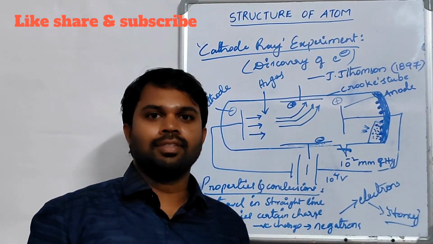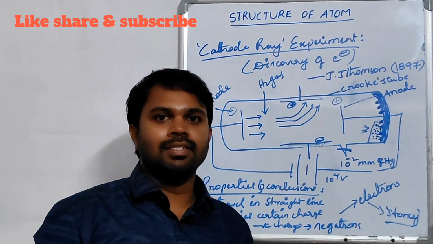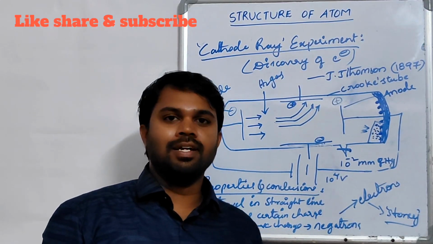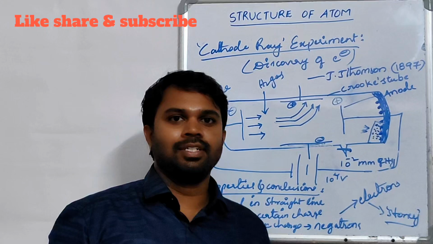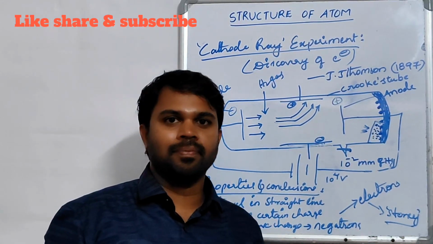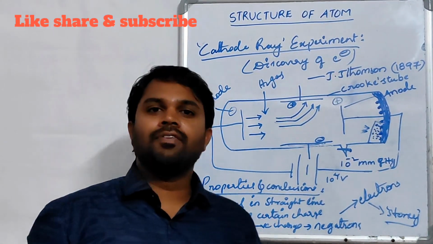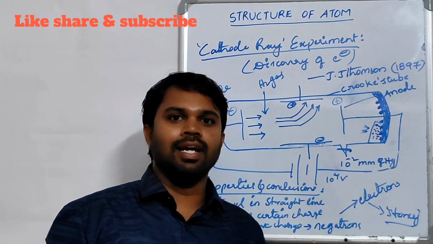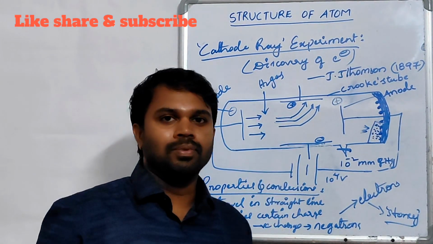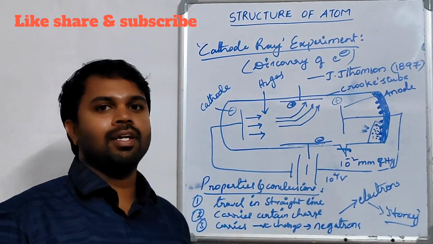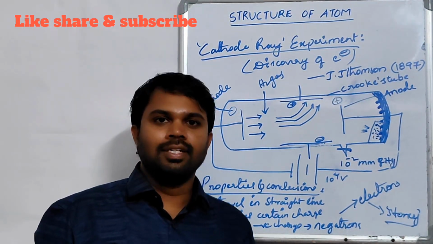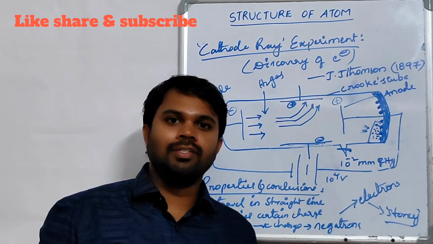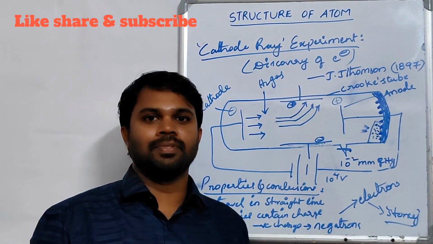He realized that these particles or rays are present in every gas. Based on this, he declared that these are the fundamental particles of nature. They are present everywhere. The nature of the particles does not depend on the gas taken into the discharge tube and is independent of the material the electrodes are made of. Hence, he concluded that these electrons are basic constituent particles of all atoms.